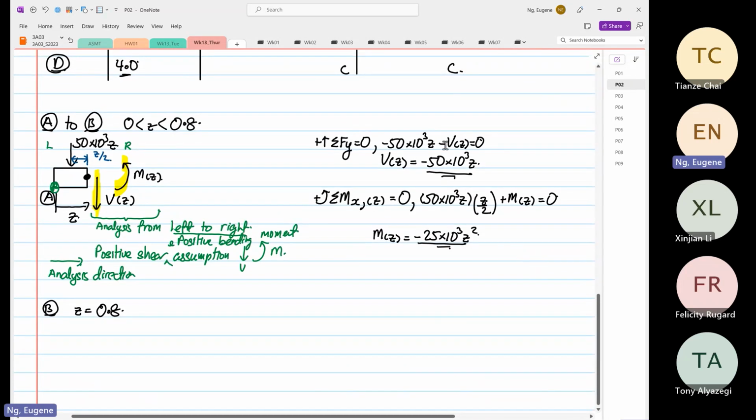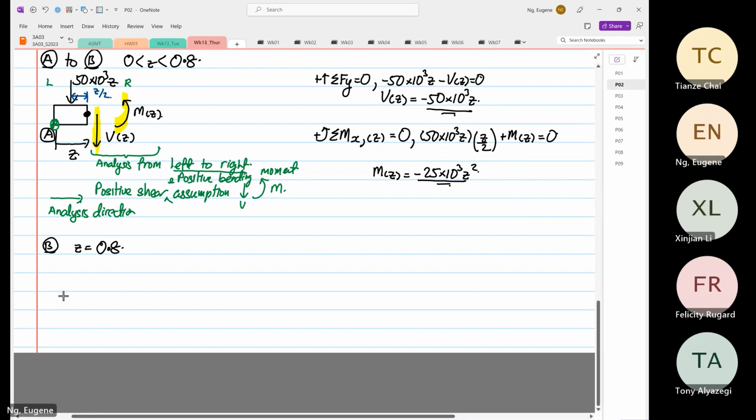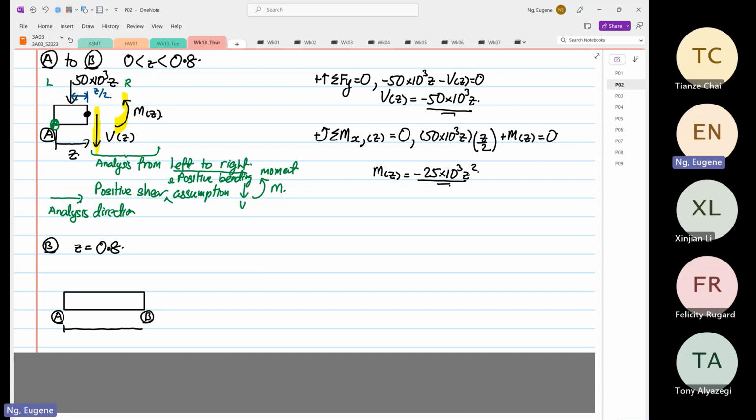Now, again, I draw the free body diagram. Now this is point A, and this is point B. And at point B, we know the distance from here to here is equal to 0.8. So this value over here is 50 times 10 to the power 3 multiplied by 0.8.